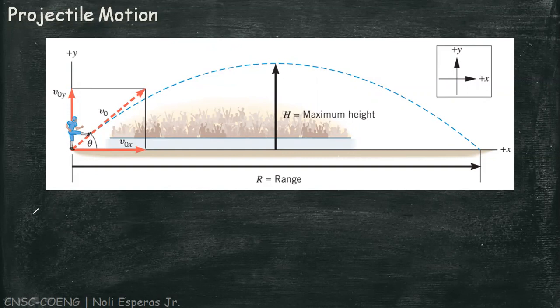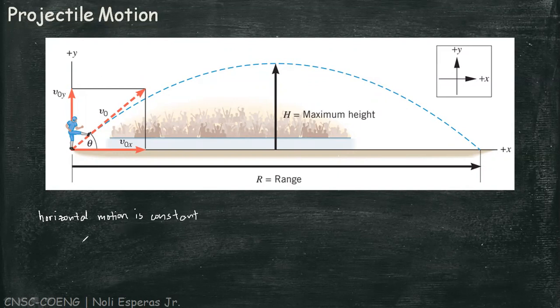First is the horizontal motion or x direction motion is constant because we don't consider air resistance.